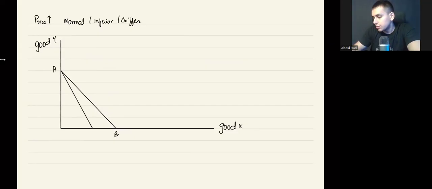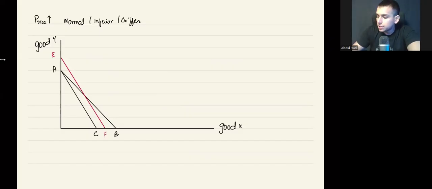This is your AC, and this AC is after increase in price level. So before increase in price level, your budget line will be like this. And this is your EF. Everything clear up till now?